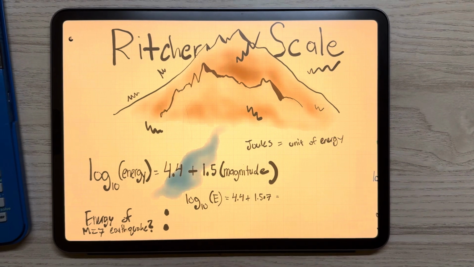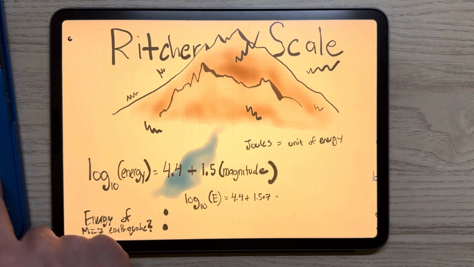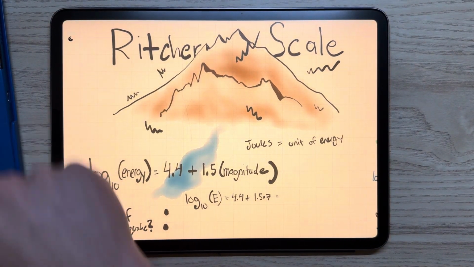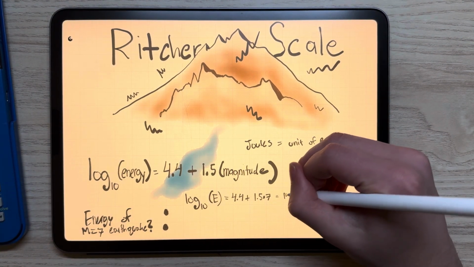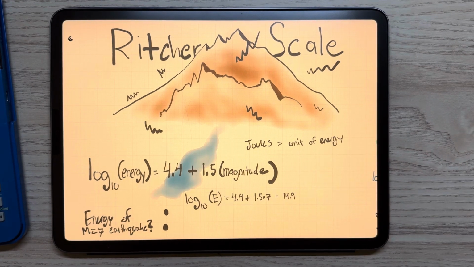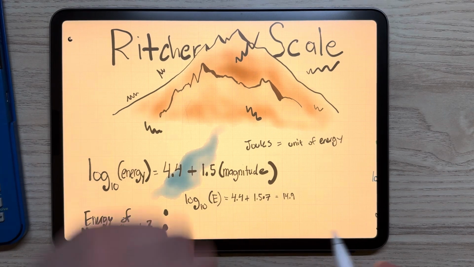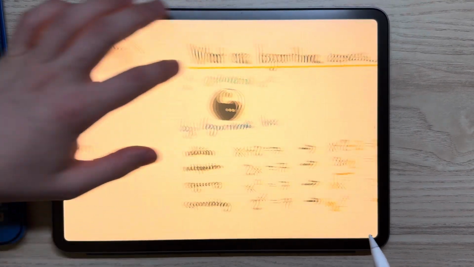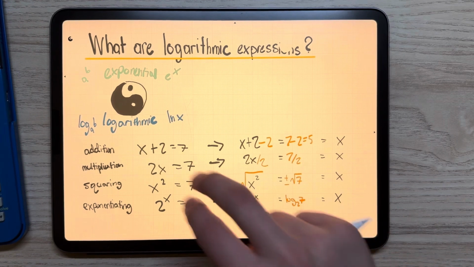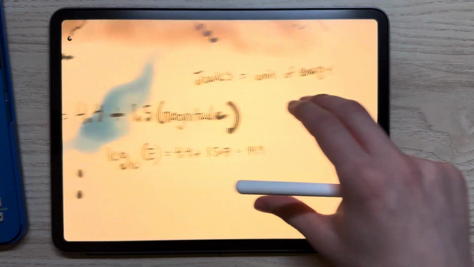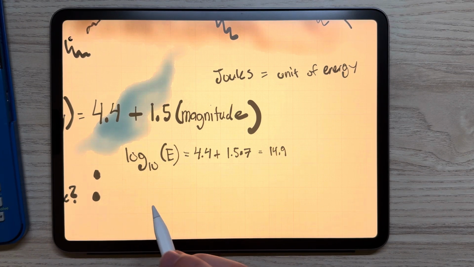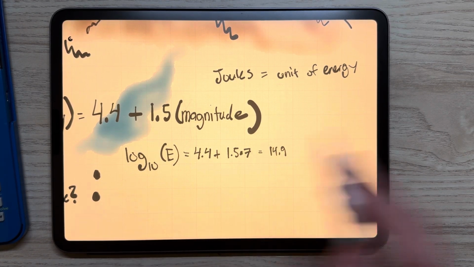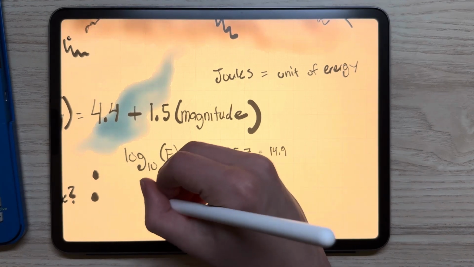If you were to put that in your calculator, that is equal to 14.9. Well, not roughly, it's exactly that. And now, since earlier we learned that exponentials and logarithms are inverses, we can undo this logarithm of base 10 by putting this in the exponent of 10.